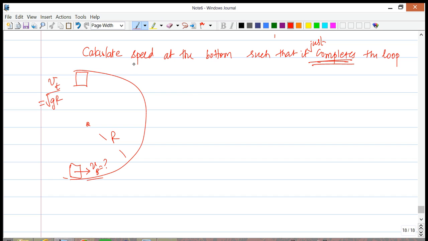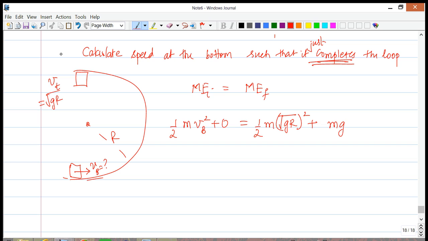So we can use mechanical energy conservation to figure out the speed at the bottom. ME initial equals ME final. At the bottom, all we have is kinetic energy, which is 1/2 m v bottom squared. The potential energy of gravity is 0. At the top, it has kinetic energy, which is 1/2 m times the square root of g r, the whole thing squared, plus potential energy, which is m times g times the height h. Looking at this picture, the height h is nothing but twice the radius, 2 times r.